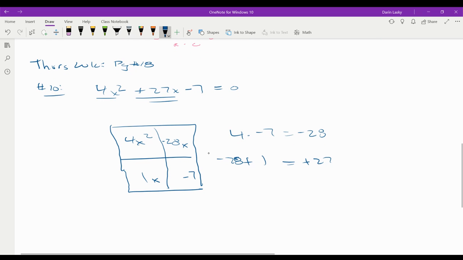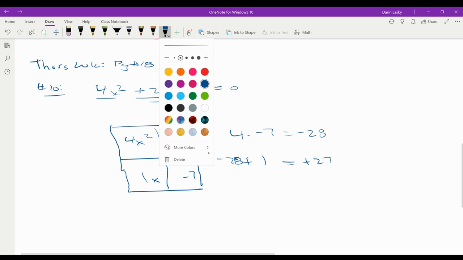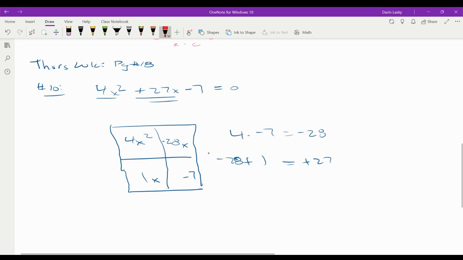Let's change colors here so you guys can see it. All right, so I'll work my columns first. What can I divide out of both of these? I can divide an x out of that. What can I divide out of both of these? Well, I got a negative and a negative, so I can take a negative out, and I can divide 7 out of both of those. What can I divide out of this? I can divide a 4 out of both of those.